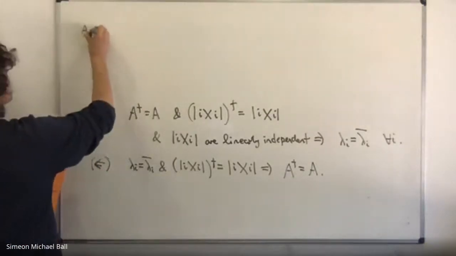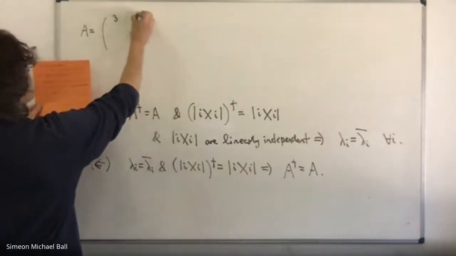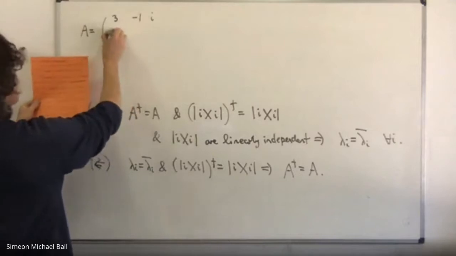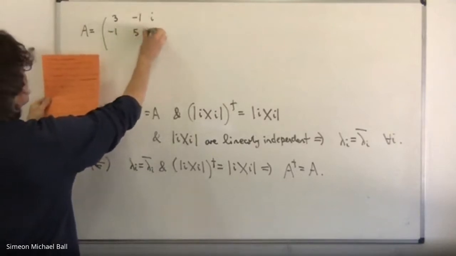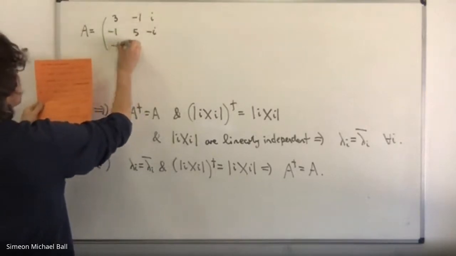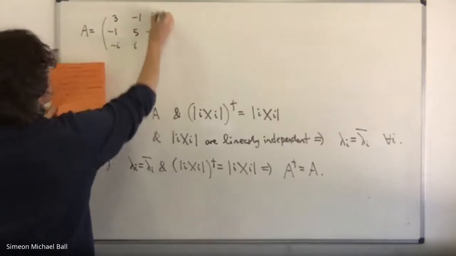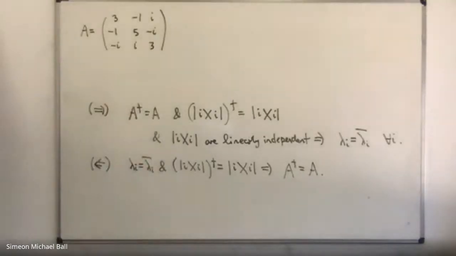So this thing is Hermitian, so it should diagonalize with real eigenvalues.